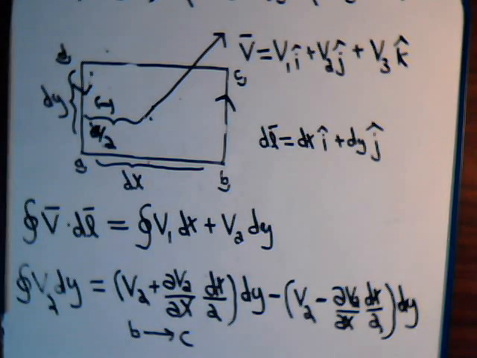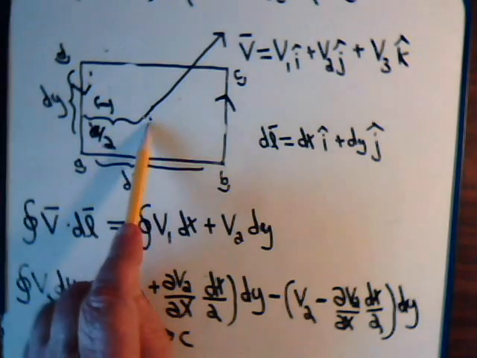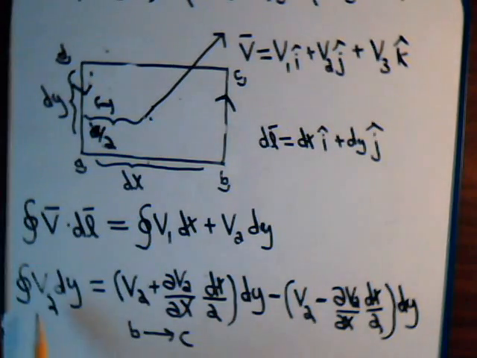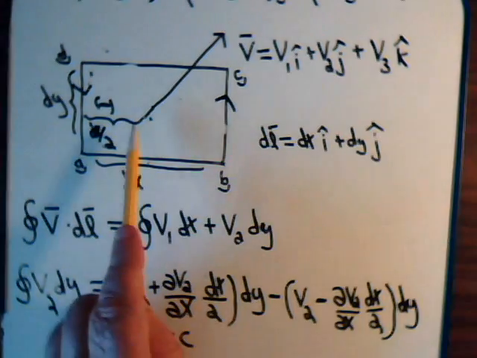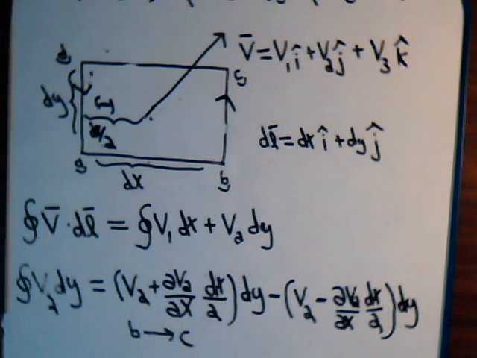So when we move the vector over to here, v2 is going to change, and this is what it will be: what it was originally minus the amount of change. And the amount of change, again, is that partial derivative that tells us how v2 changes with respect to x, times the amount of change in x, and that's dx over 2.